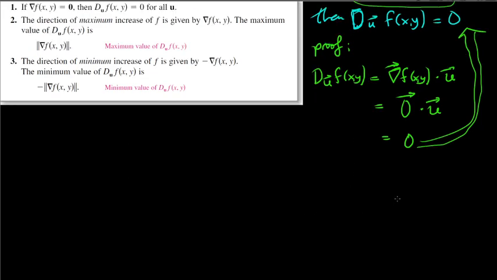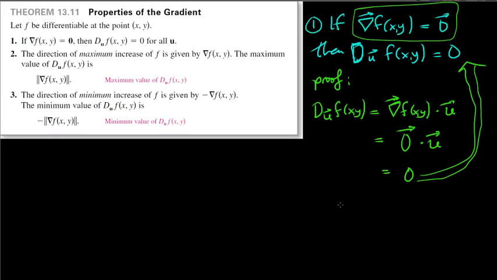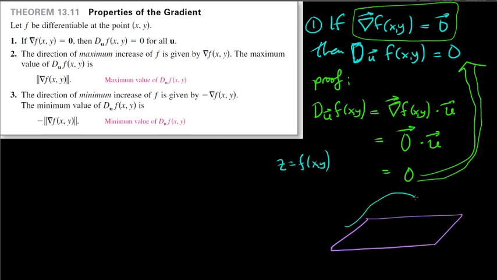So here's the picture. Suppose we have, again, our xy plane. And let's suppose the graph of this function z as a function of x and y looks like this, right? Looks just like a little mound here, like a little hill.